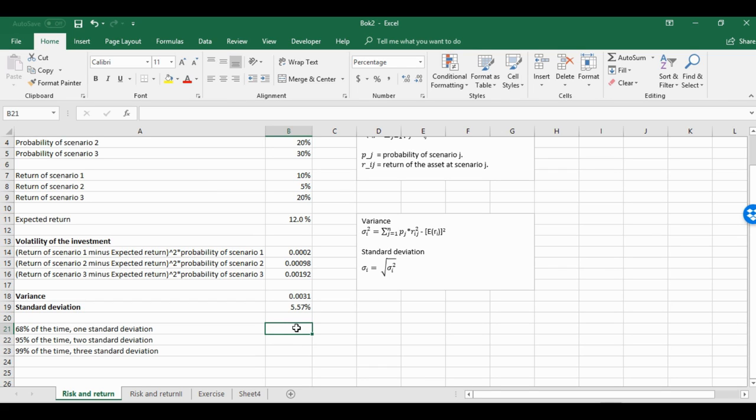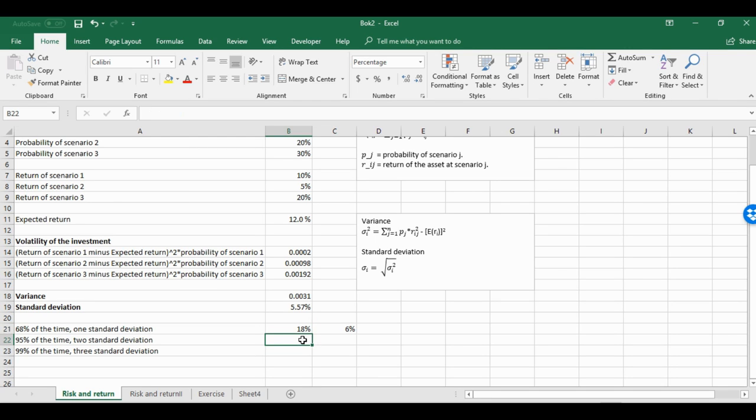Assuming the returns follow a normal distribution, the result tells us that 68% of the time, the return will spread one standard deviation from the expected return, either positive or negative. So 68% of the time, the return will be between 18% and 6%.